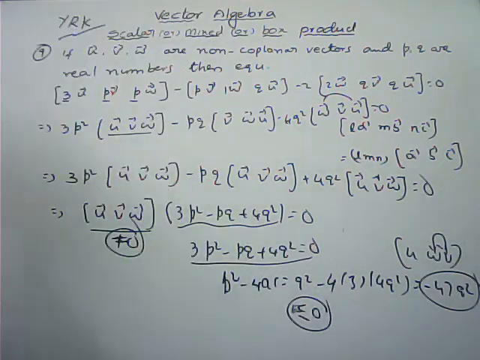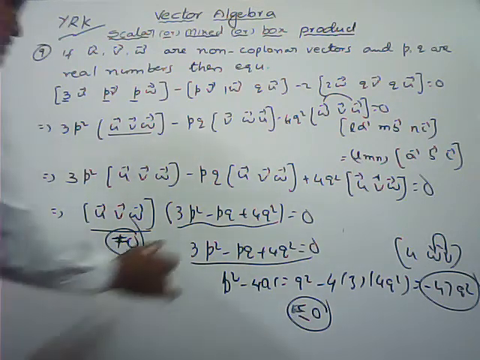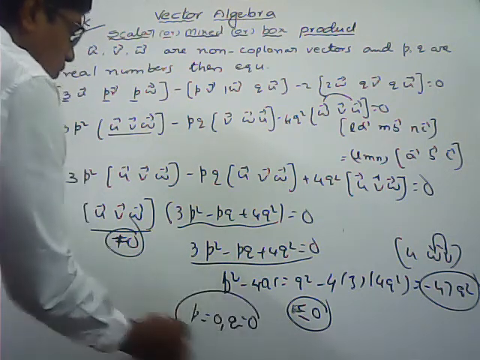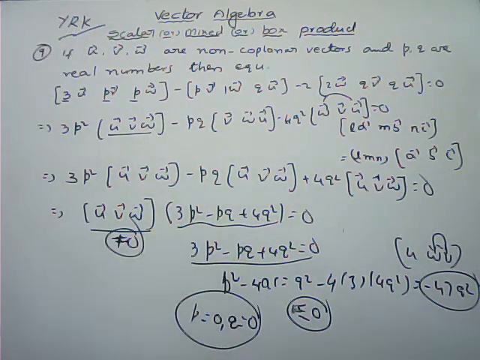For less than 0, there doesn't exist real roots. Equal to 0, that is possible only when p is equal to 0 and q is equal to 0. There exists only one set of values of p comma q. So here we can say fourth option, exactly one value of p comma q, that is p is equal to 0, q is equal to 0.